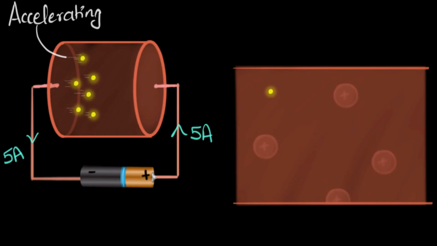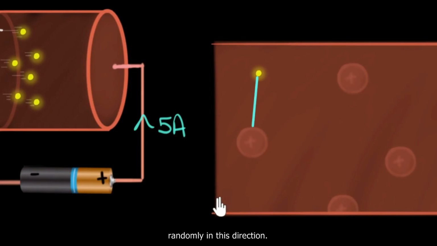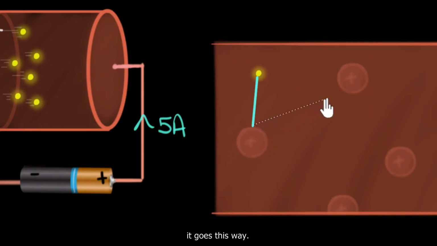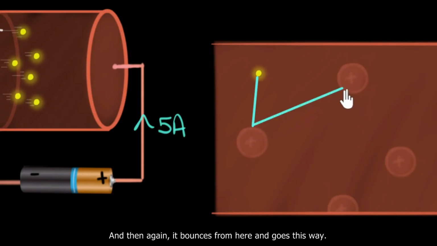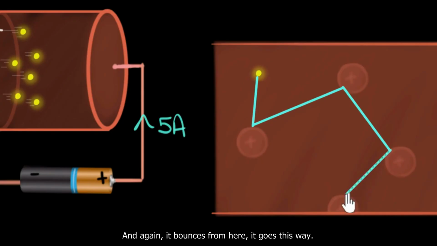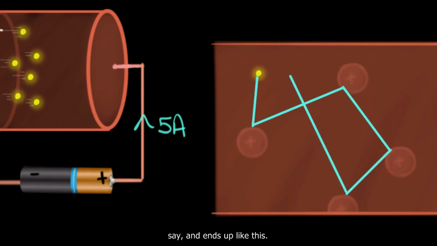So for example, let's say that this electron is moving this way, randomly, in this direction. Then it bounces off this particular metallic ion, and then let's say it goes this way. And then again it bounces from here and goes this way. And again it bounces from here, it goes this way. And then it bounces from here and goes somewhere over here, let's say, and ends up like this.